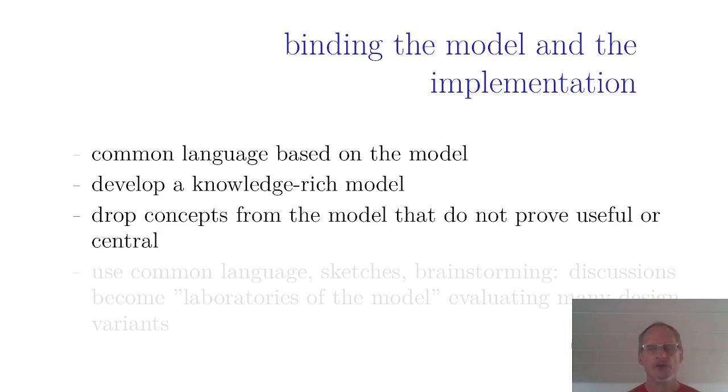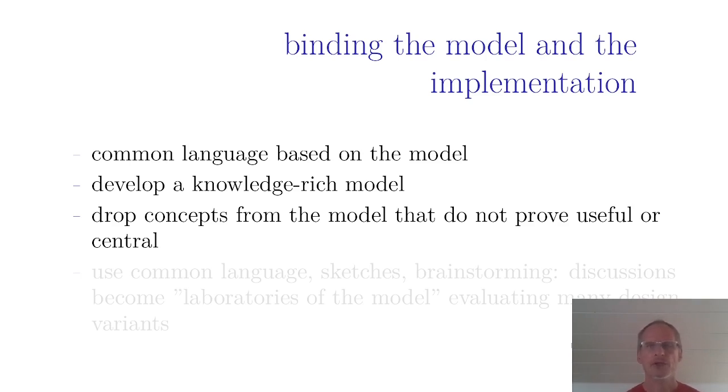We also do not want a complete model. What I mean by that is that there are many concepts around a project, around a domain, that we might feel we should capture, but later on we might see that they do not prove very useful.